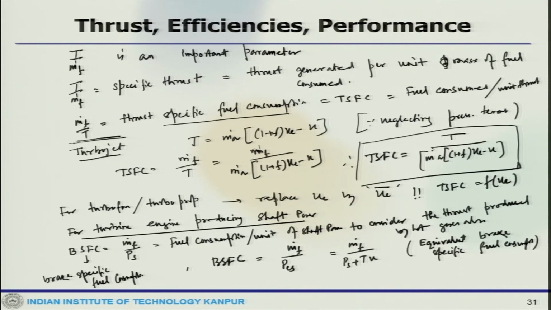Now, what we can see here is that T is the thrust produced by the turbine engine exhaust.